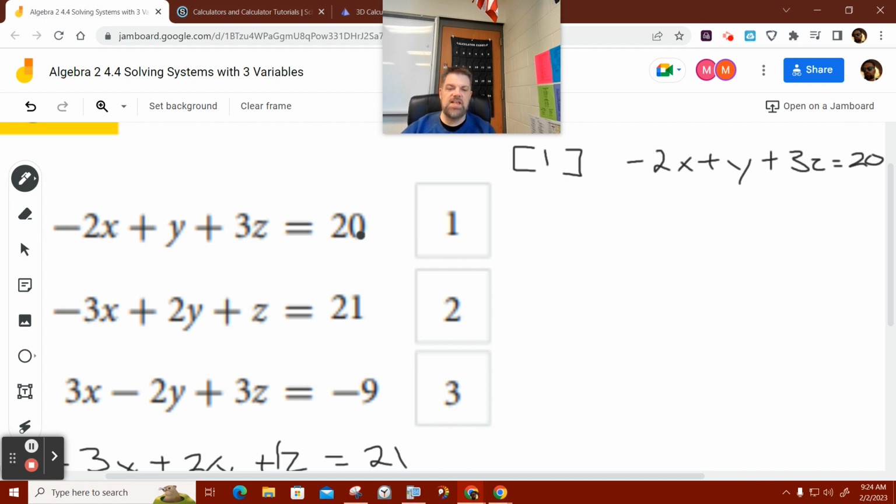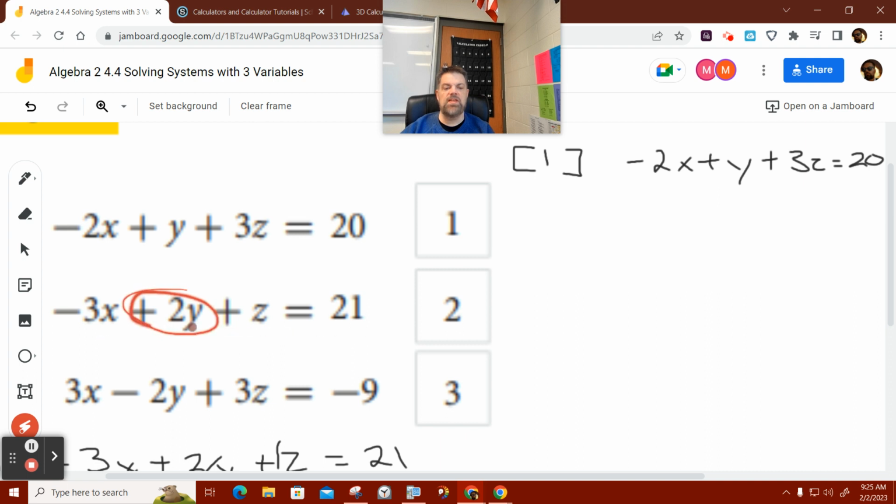Now, what I notice is that if I wanted to eliminate the x or the y, you pick x or y. Which one do we want to eliminate, the x or y? Probably the y. Okay, so let's eliminate the y. So I'm thinking in my head, I want to eliminate the y.